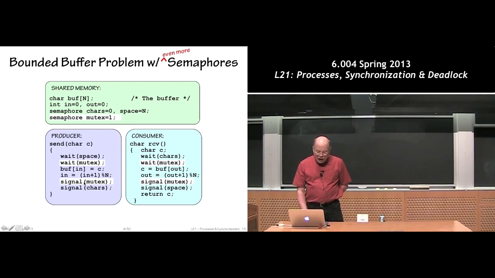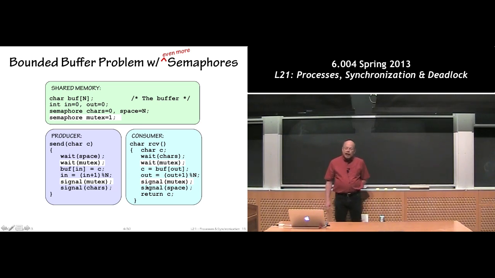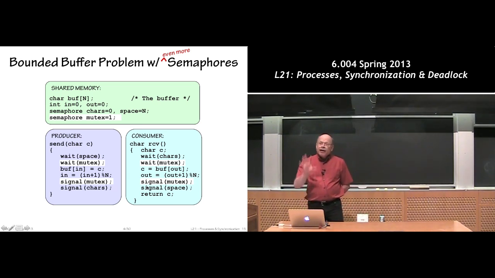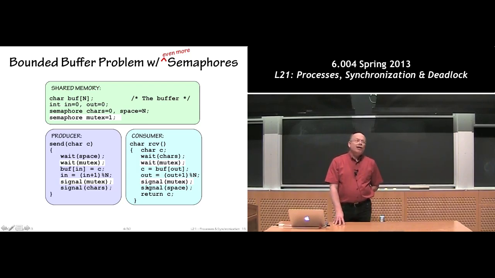And you can see we do a wait and a signal around the code. So any of the producers that are busy manipulating the in pointer are waiting on the mutex. And any consumers that want to manipulate the out pointer use the mutex to guarantee that more than one consumer isn't in that critical code at the same time.